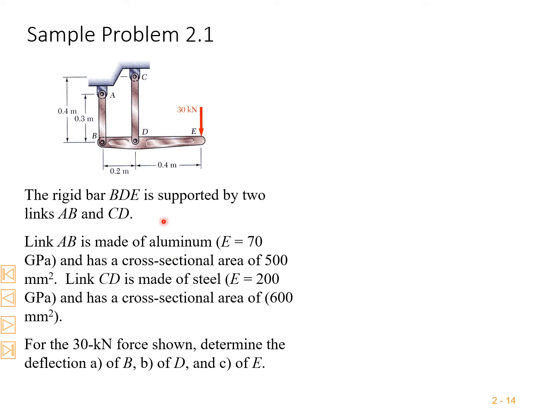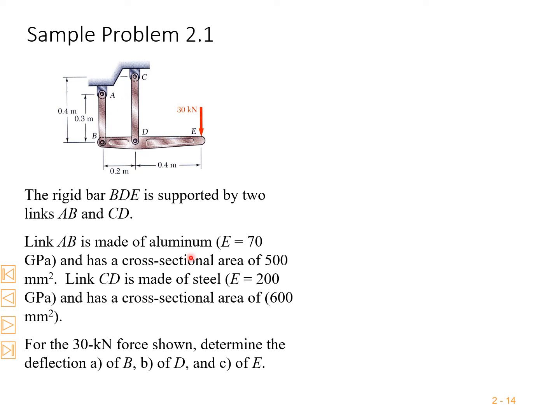Sample problem 2. The rigid bar BDE is supported by two links. This is one link AB, and CD is another link. Link AB is made of aluminium and has a cross-section area of 500 mm².